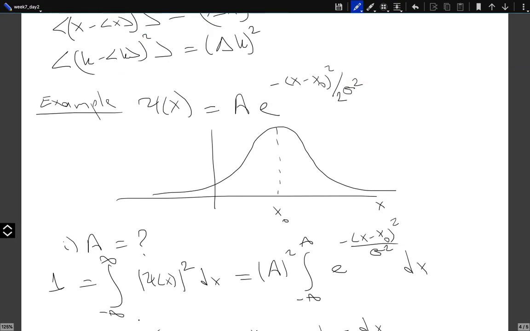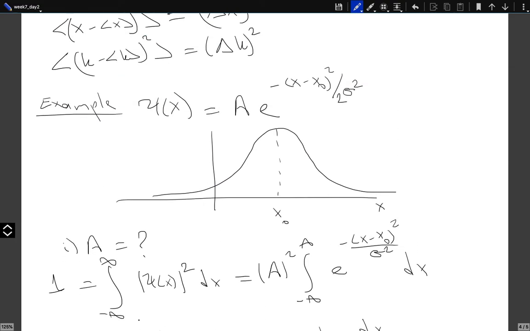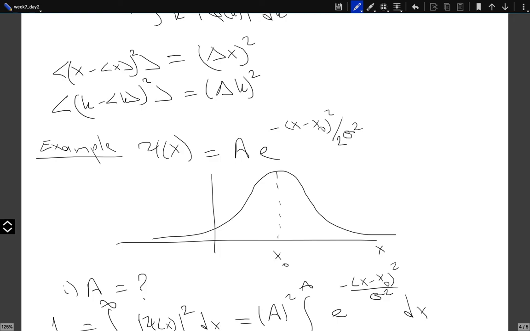So at least it makes sense. If you look at our wave function, what does this tell me? If I would create many copies of the same particle, having this wave function, the probability of observing the position of that particle here will be proportional to this number. The probability of observing it here will be proportional to this number.